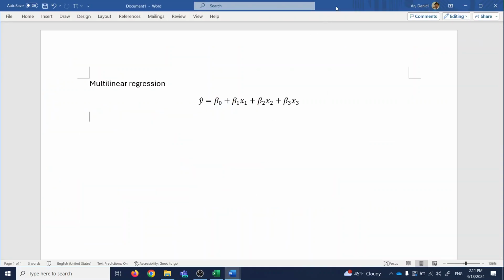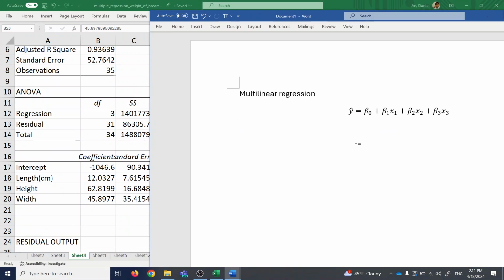So the equation now says that if you want to find the weight just from the width, height, and length, then the formula is y hat equals negative 1046.6 plus 12.03 times x1 plus 62.81 times x2 plus 45.9 times x3.